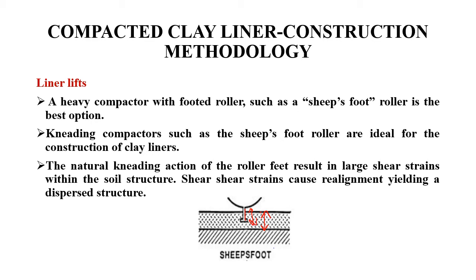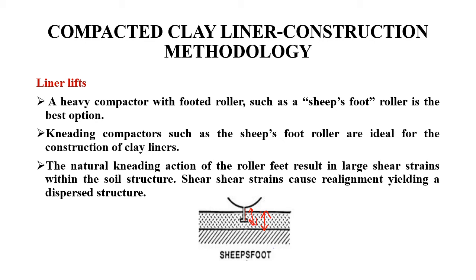And the reason why the sheep's foot roller is preferred is that it compacts the soil from bottom towards up. While doing that, it produces large shear strains in the soil during the compaction process. Due to these shear strains, there will be realignment of the soil particles within this liner lift.